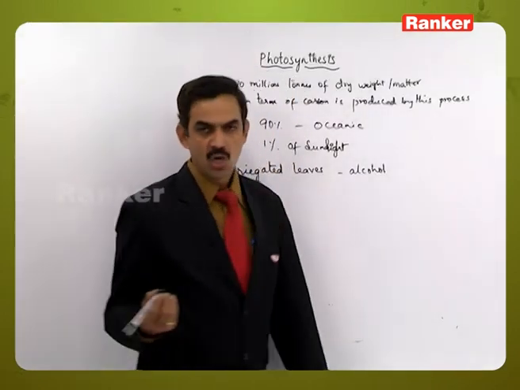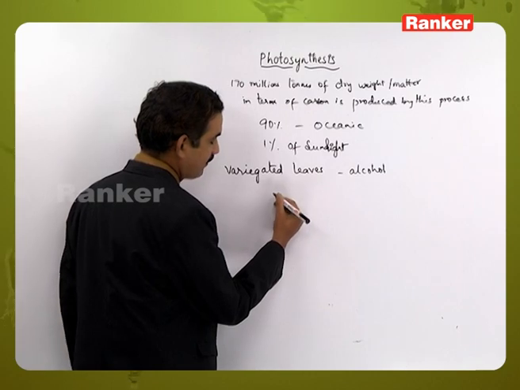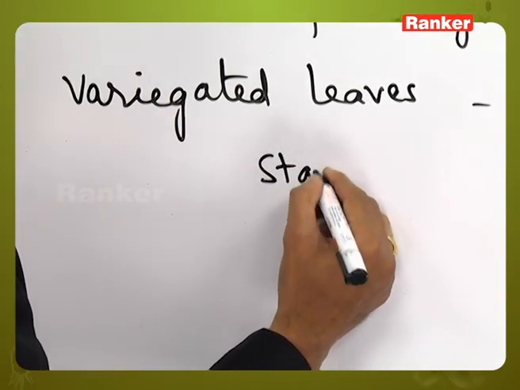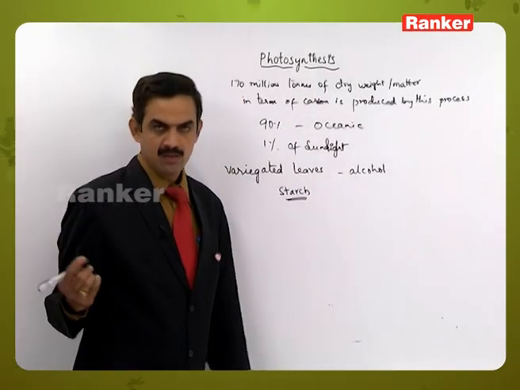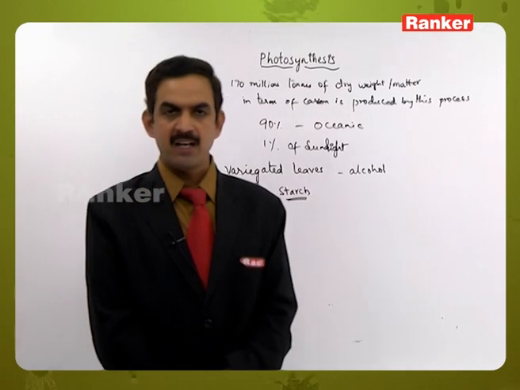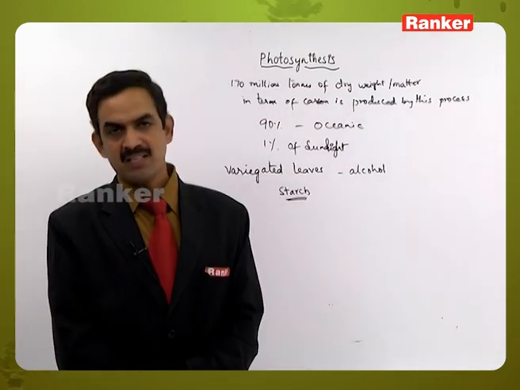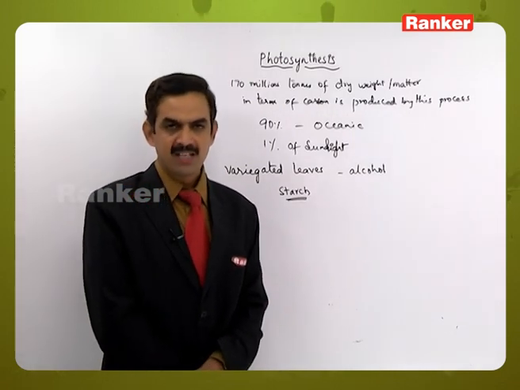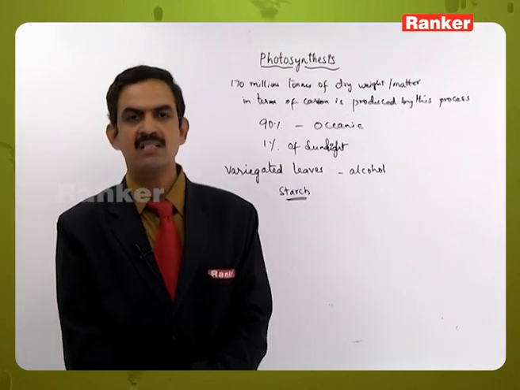After heating with alcohol, they tested these variegated leaves for the presence of starch using iodine solution. The green parts were converted into blue-black color structures. The blue-black color shows that the part produces or contains starch.